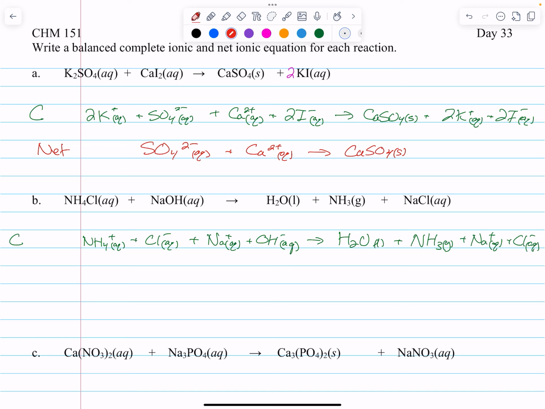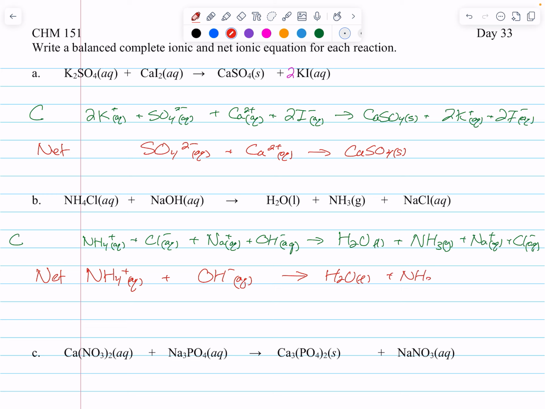And so that gives me a net. I'm saying I have ammonium on the reactant side, but I don't have it on both sides. That's the point. Hydroxide, I don't have on both sides. Water, I don't have on both sides.